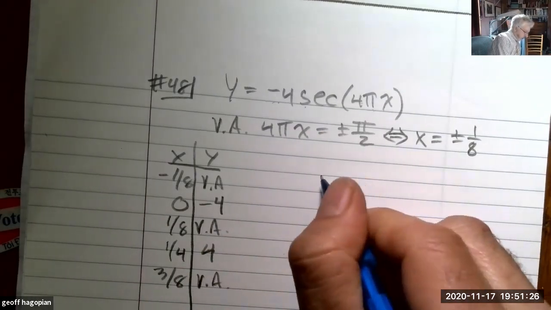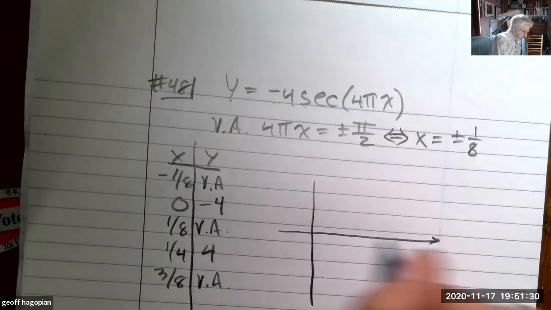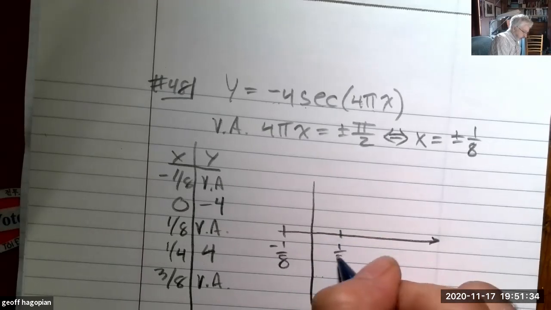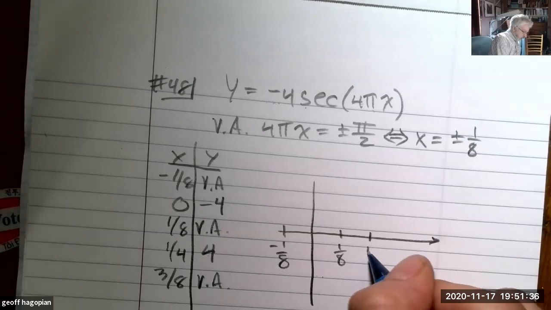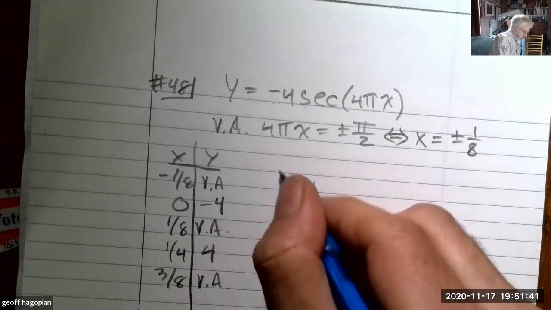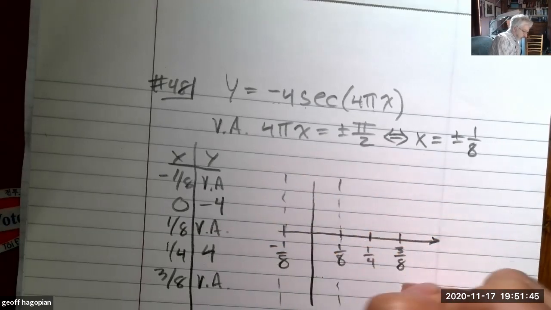So when I go to make the graph, here's negative 1/8, 0, positive 1/8, 2/8, 3/8, right? And the vertical asymptotes are here, here, and there's going to be another one over here at 3/8, right?